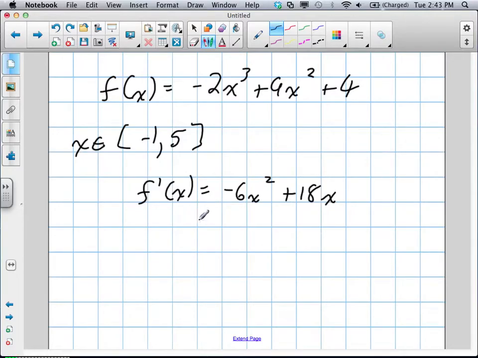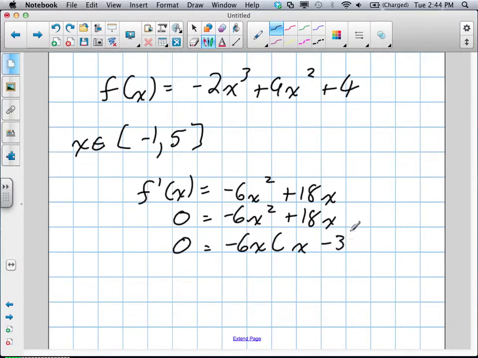In other words, we're going to set this equation equal to 0 and find at what points of x the slopes of our tangents are horizontal. So we set it equal to 0 and factor. I can factor out negative 6x, which gives me x minus 3 as the other factor. So when we split these, our options are x equals 0 and x equals 3.